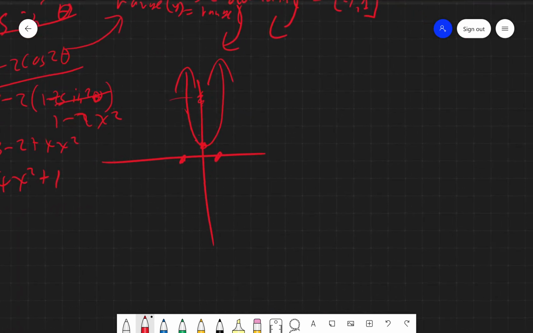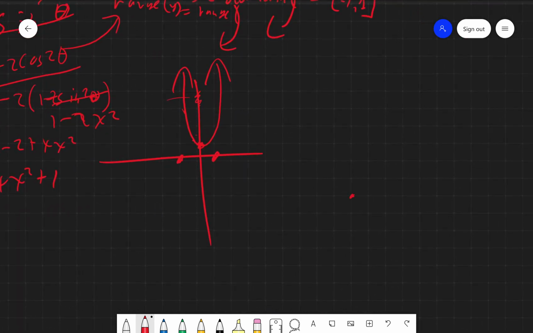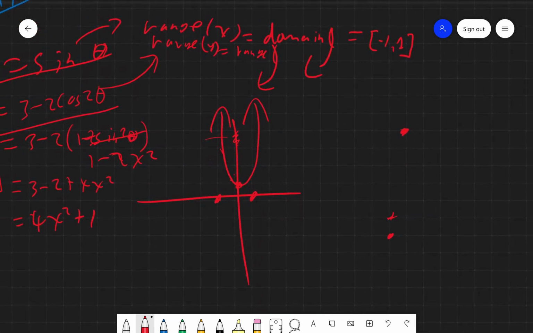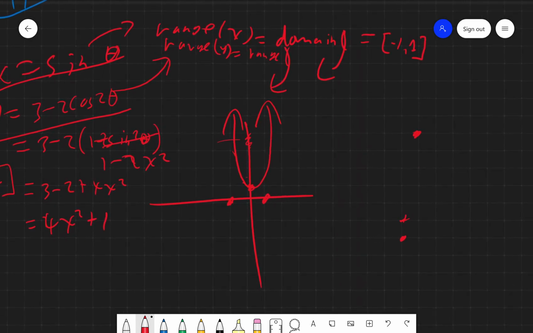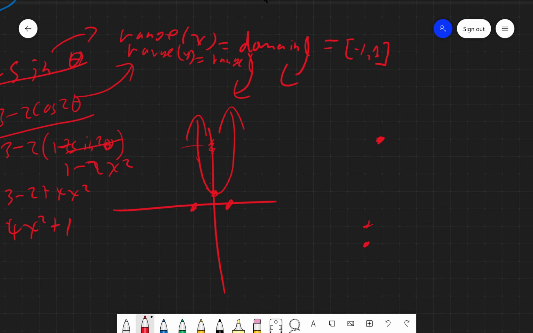Let's make a more accurate graph, right? Say this was the origin. We'd have this as our first point. And then 4x squared. If you plug in 1, you get 4, 5. And then if you plug in 2, you get 17, which is up here somewhere.